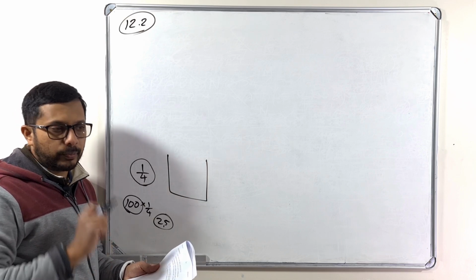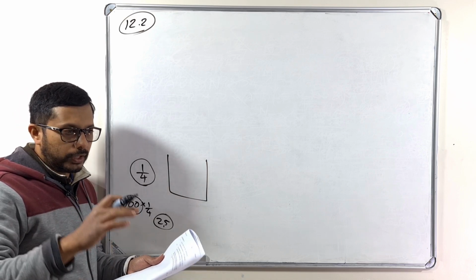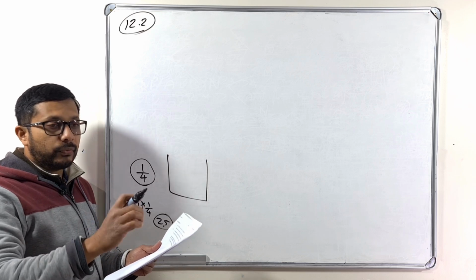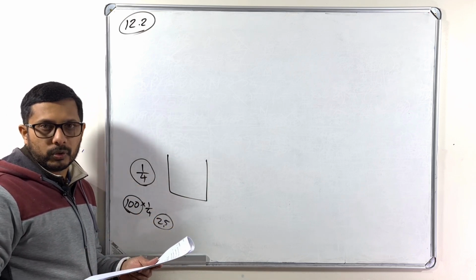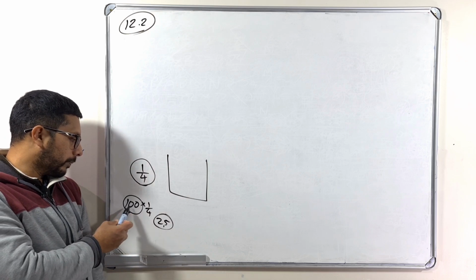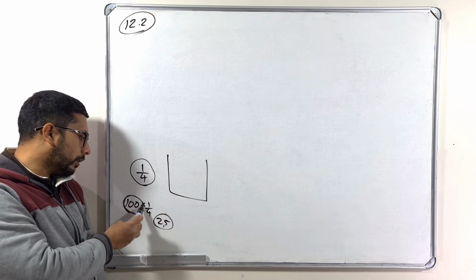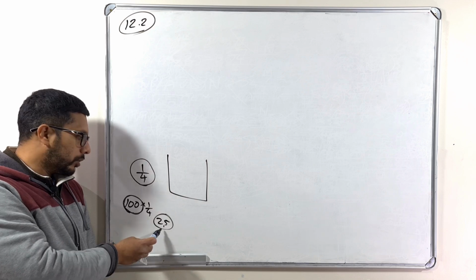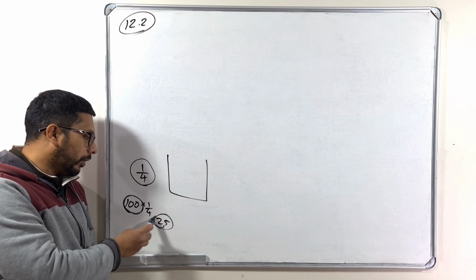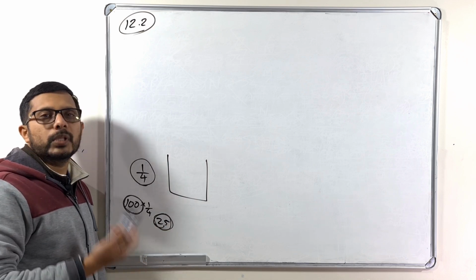You understand? So if they are giving a total of 100 gifts, then 1/4 of this 100 means 25. That means these 25 gifts are mystery boxes.